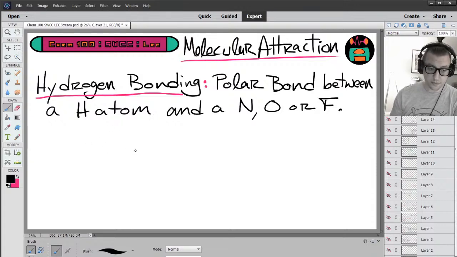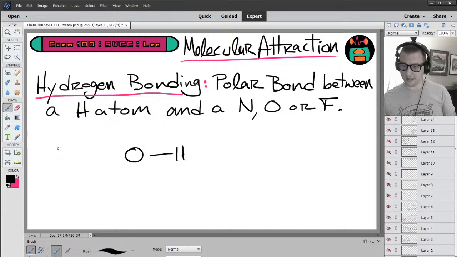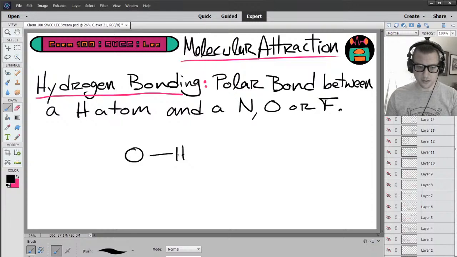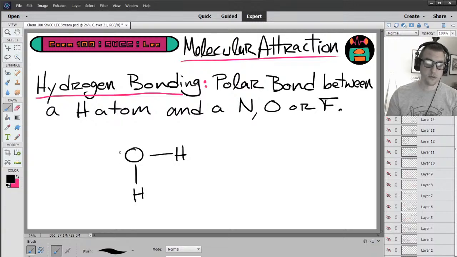Sorry, my computer froze. Water is the most famous hydrogen bonder, and here's how hydrogen bonding works in water.